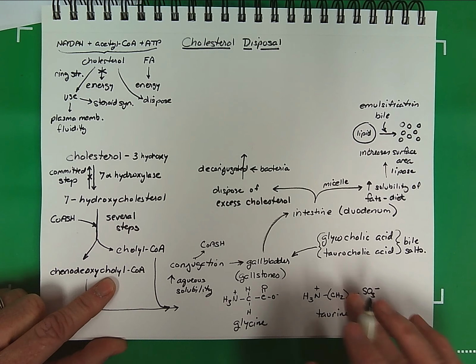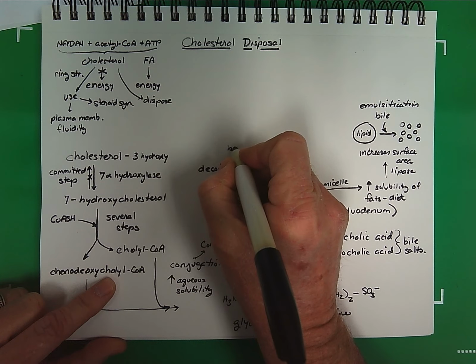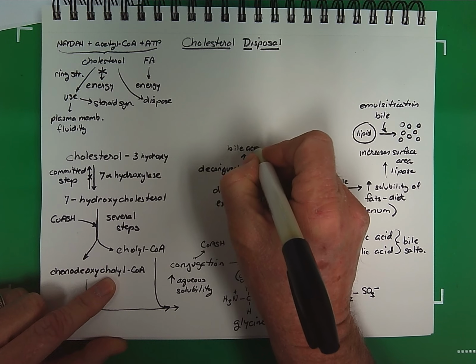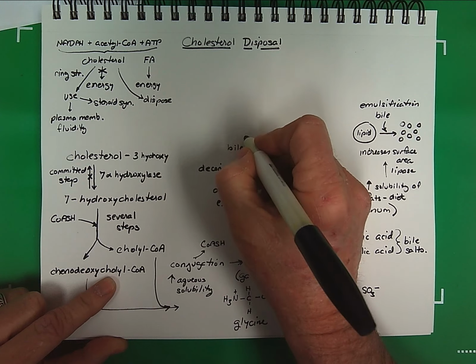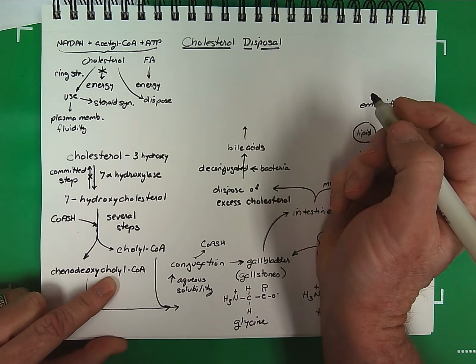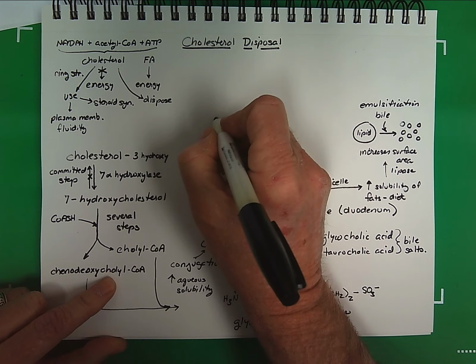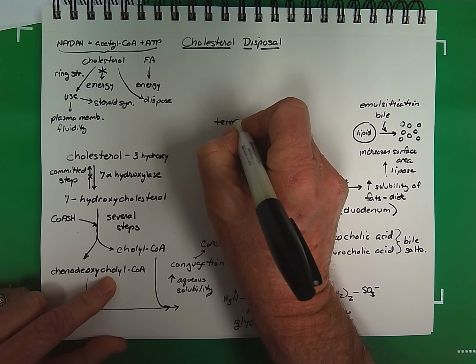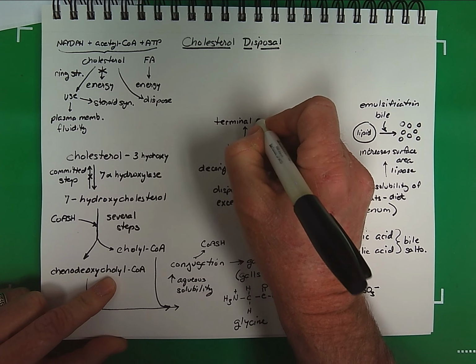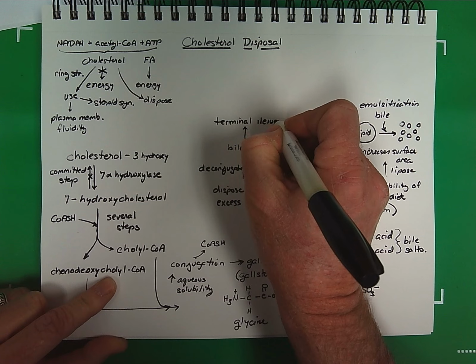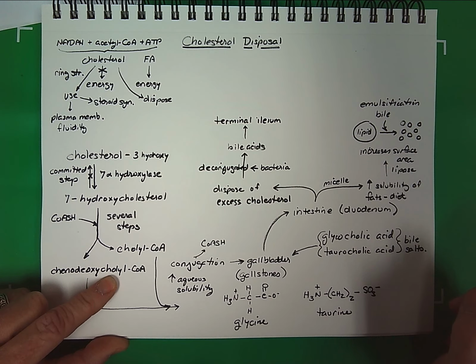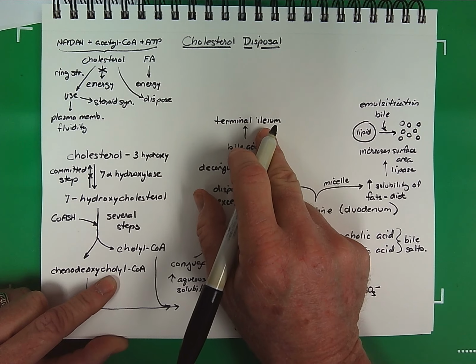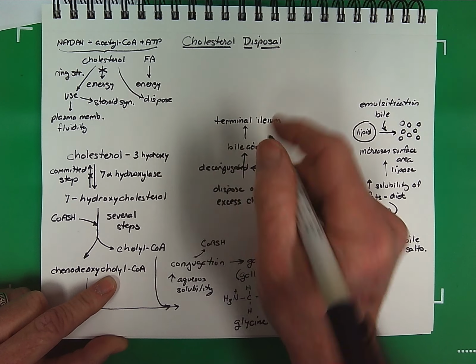So instead of having bile salts, we now have bile acids. And these bile acids are taken up by a certain portion of the intestine, the terminal ileum. The terminal ileum, of course, is the last portion of the small intestine.